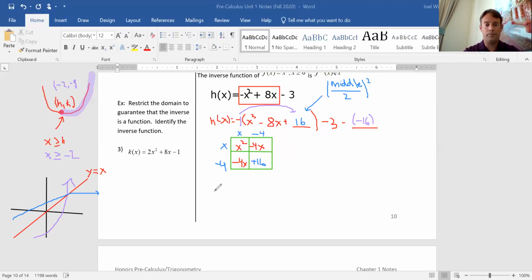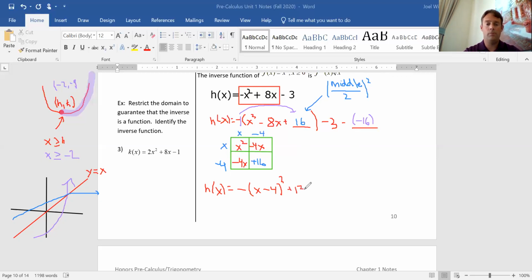And when we do that, our function that we're actually playing with here, we have a negative in front of it. We have x minus 4 squared. And then we have a positive 13.